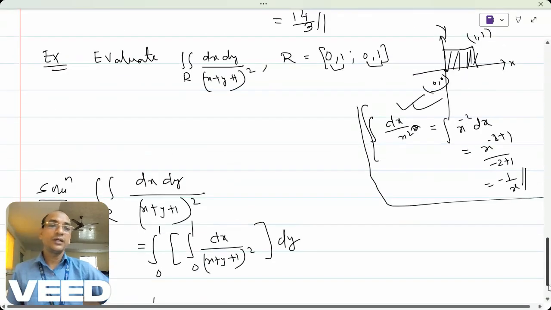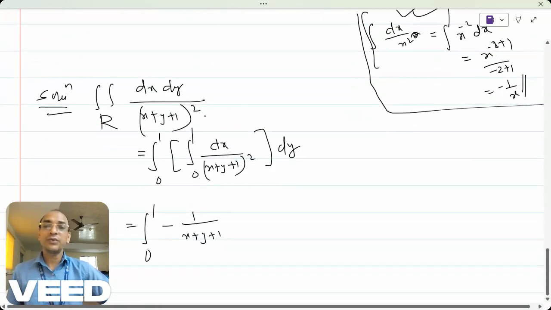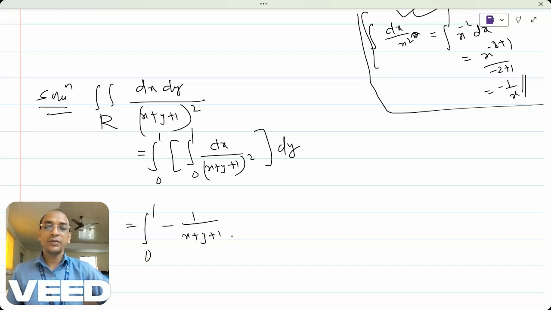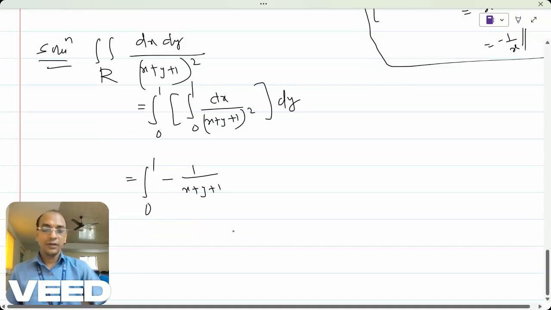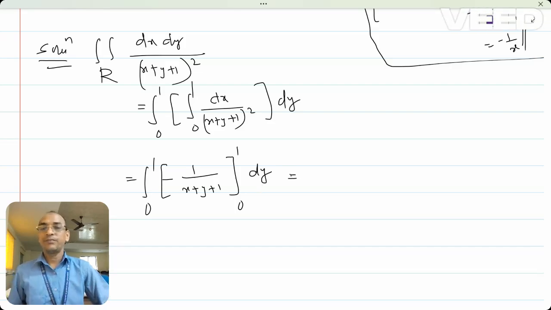As you see, the integration of x square is minus 1 by x, but in place of x square I have (x plus y plus 1) whole square, so the integration will be minus 1 by (x plus y plus 1). Then we can put the limits 0 to 1. Whatever answer we get, we will evaluate later with respect to y.